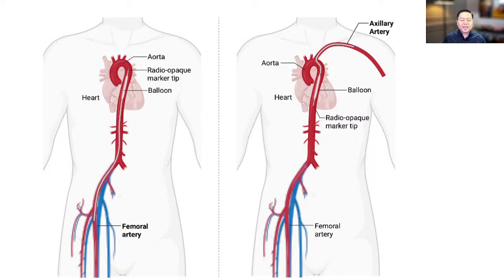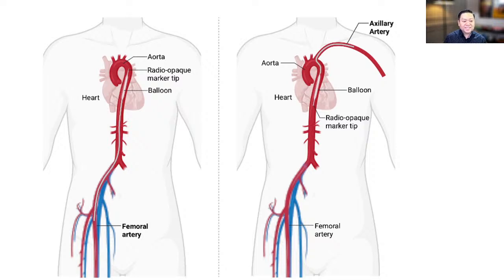The balloon is inserted via either the femoral artery, or it could be entered into the axillary artery. Okay, so it will be introduced there, and the balloon will be lodged into the aorta, since it's called intra-aortic balloon pump. So the device will really help the heart to pump the blood more efficiently, and it will improve the blood flow to the heart muscle, which can be helpful in treating the pulmonary edema.